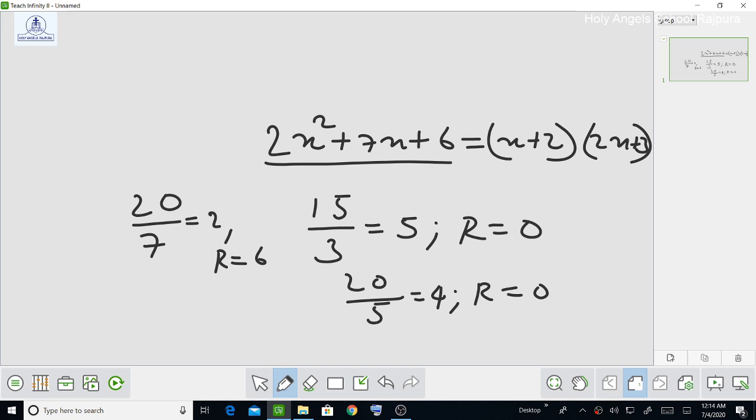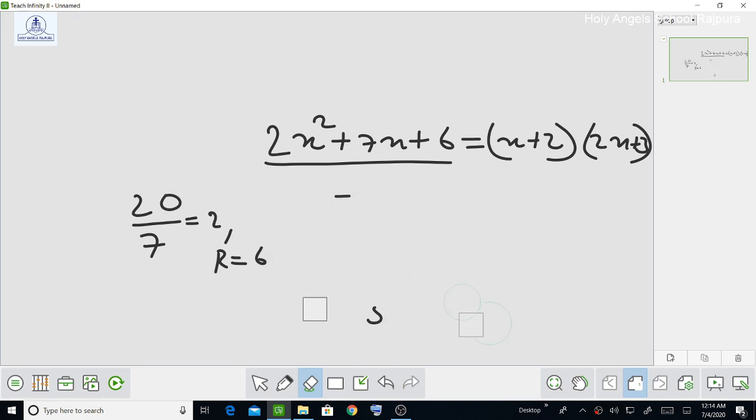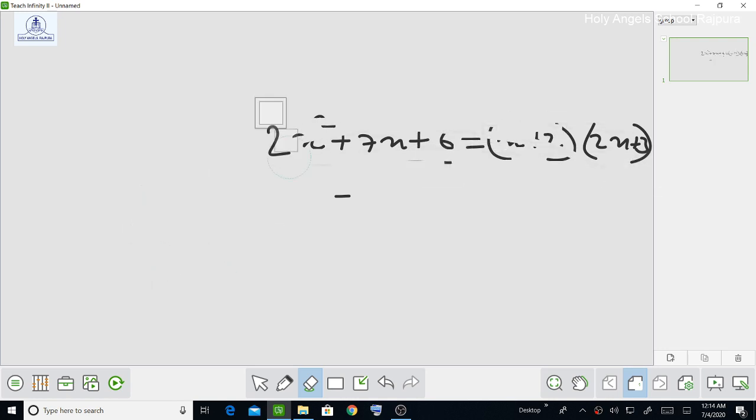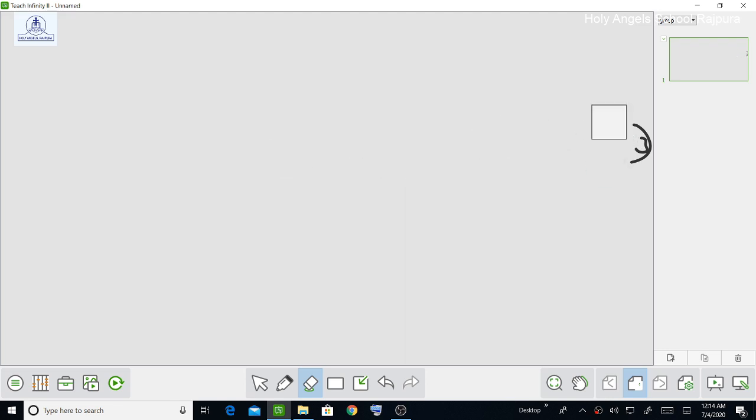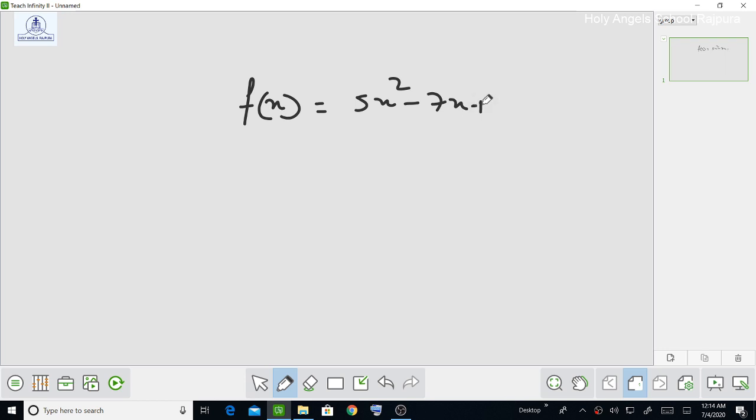Let us take f(x) is equal to 5x square minus 7x plus 4.